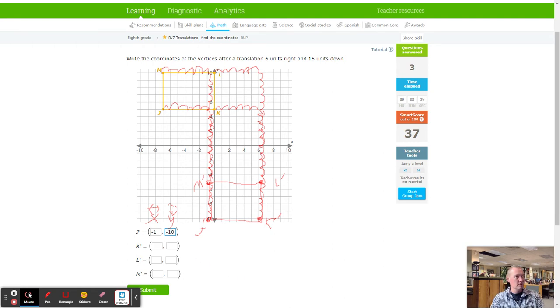Okay, first one's done. Next one, K prime, is over here. So we need to go 1, +2, 3, 4, 5, +6 to the right for the X value. And because we're at +6 here, we need to go down -1, -2, -3, -4, -5, -6, -7, -8, -9, -10.